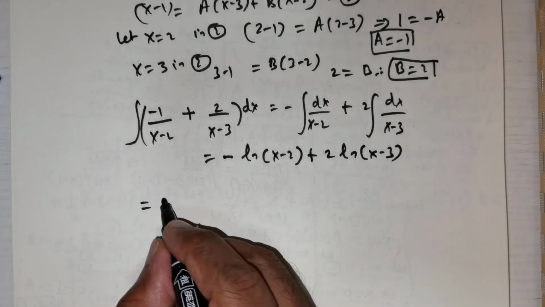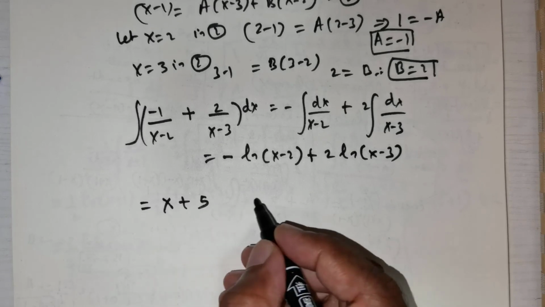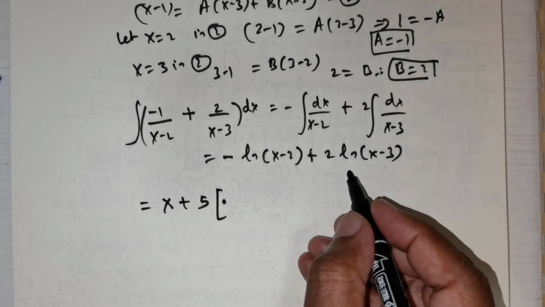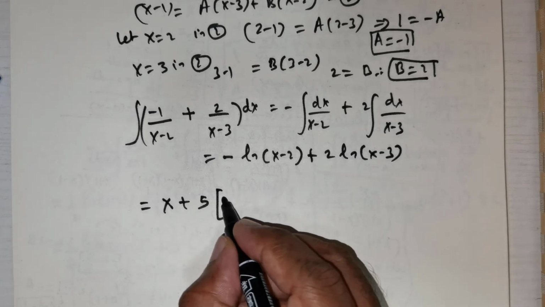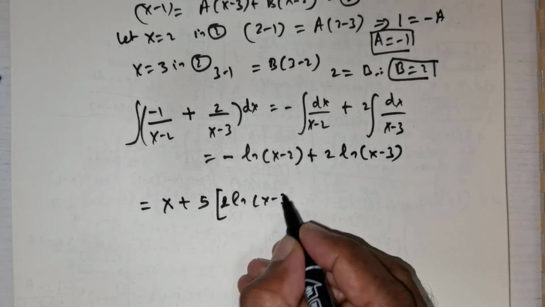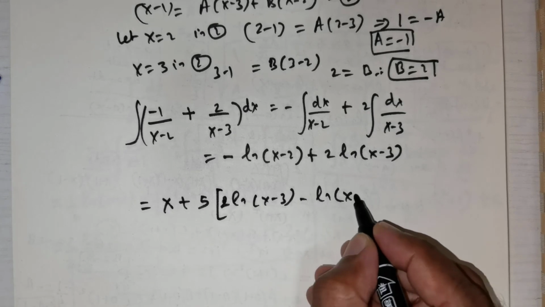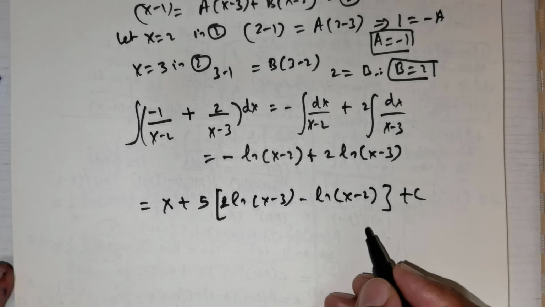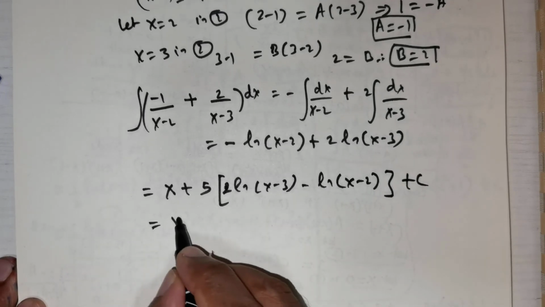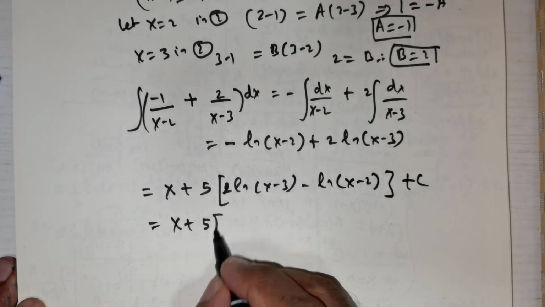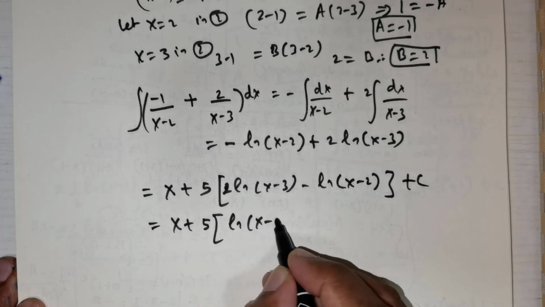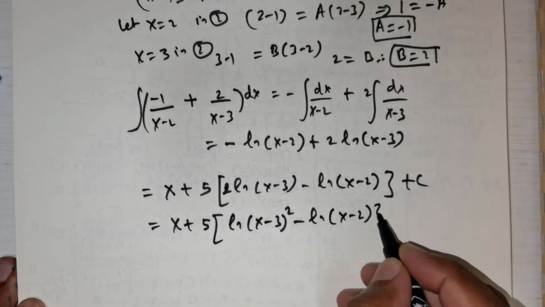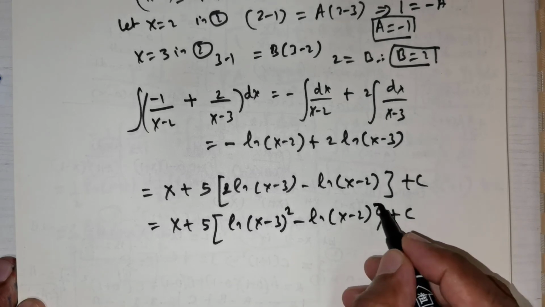That would give us x + 5 times, and I'm going to write the first term, 2 times ln of (x - 3), minus ln of (x - 2), + arbitrary constant. We can rearrange this. So this is going to be x + 5 times ln of (x - 3) raised to the power of 2 minus ln of (x - 2) + c.